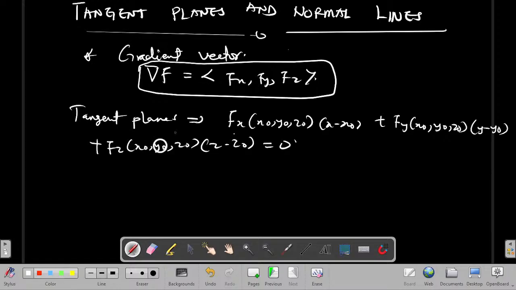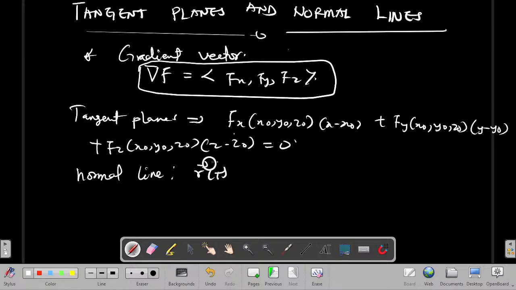Okay. Then the equation for the normal line. So it seems I'm just giving you formulas for you to chew, right? Yes. So the more you solve more problems, the more you get it. But here I'm just opening your eyes, different things that you need, different formulas that will help you solve most of the problems. So with the normal line, you're going to have the vector r of t.